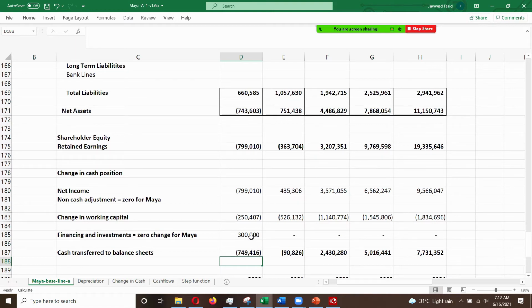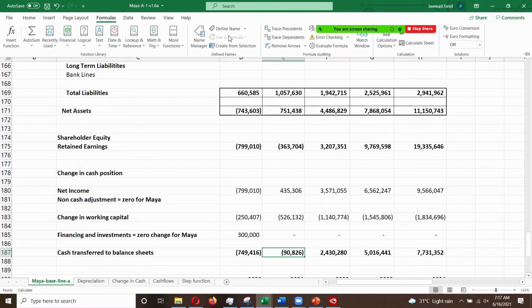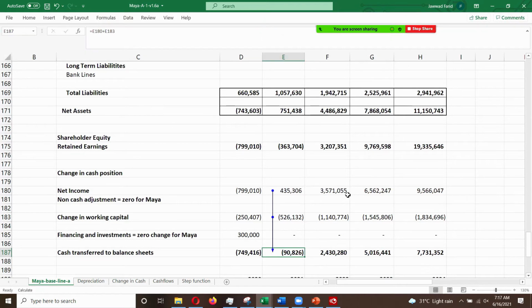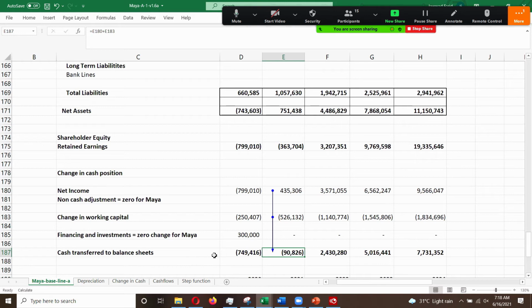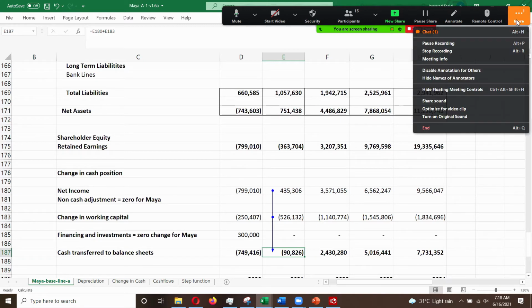There's another error though. If you look at the calculation, it seems a little off to me. The reason is that while you've transferred this cash to the balance sheet, is it really how it's working?